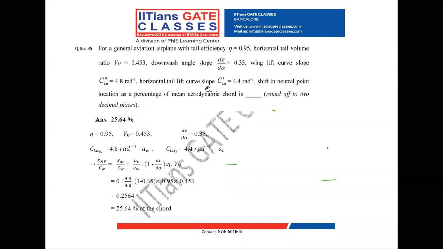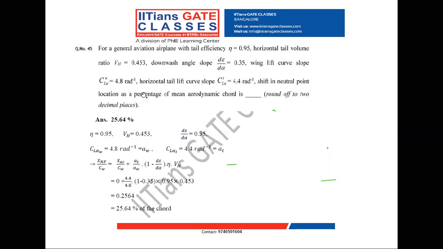Question number 45. For a general aviation airplane with tail efficiency eta equal to 0.95, and horizontal tail volume coefficient VH equal to 0.453, downwash angle slope d epsilon by d alpha equal to 0.35, wing lift curve slope CL alpha equal to 4.8 per radian, and horizontal tail lift curve slope CL alpha equal to 4.4 per radian.